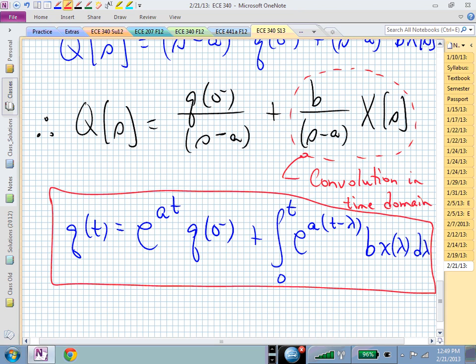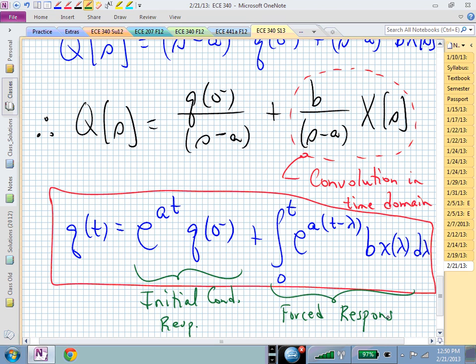And we have a piece that's a function of the forcing function. So here's our forced response. We have an initial condition response. And we have a forced response.